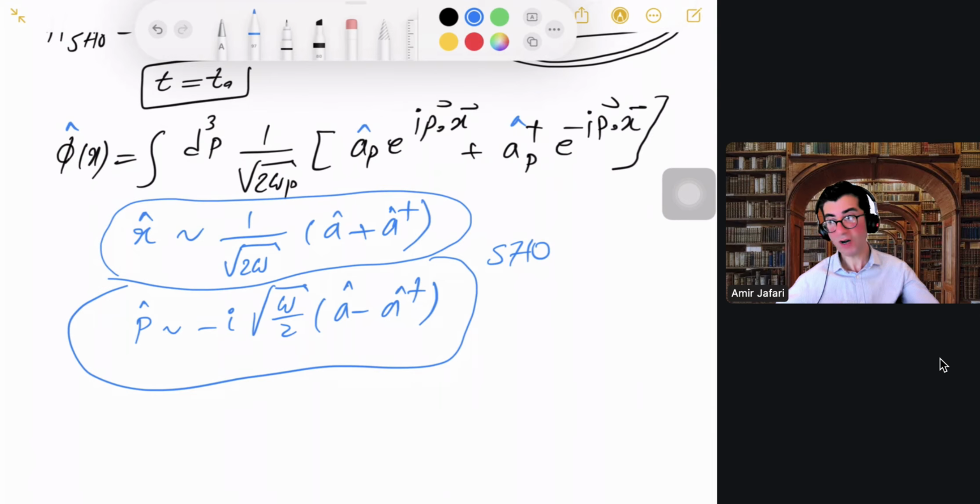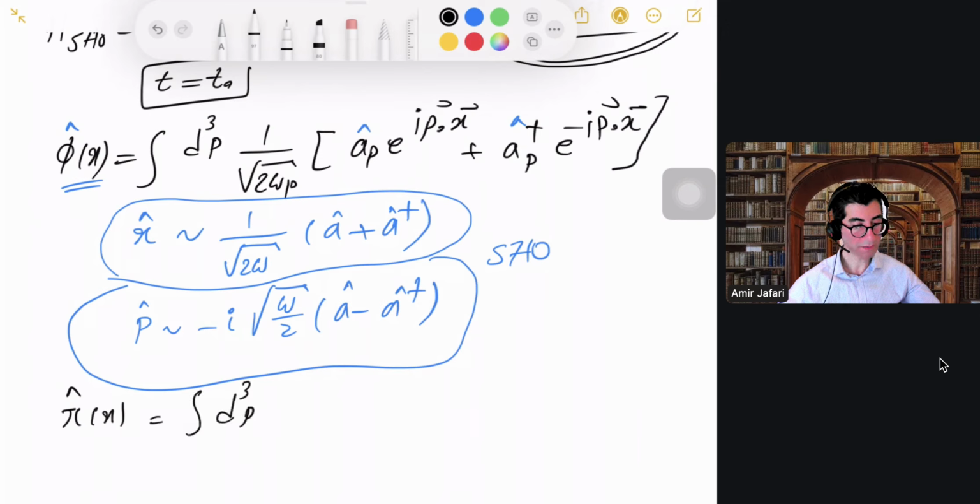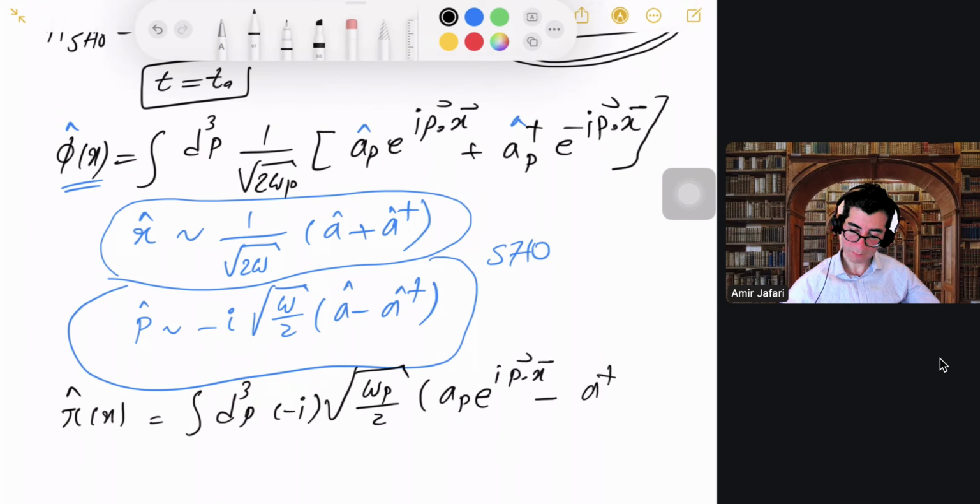Similar to this p, because now we know what the conjugate momentum for this field is, we can write down pi(x) as an operator in this form: integral of d3p, some minus i times the square root of omega p over 2, times (a_p e^{ipx} minus a_p dagger e^{-ipx}).